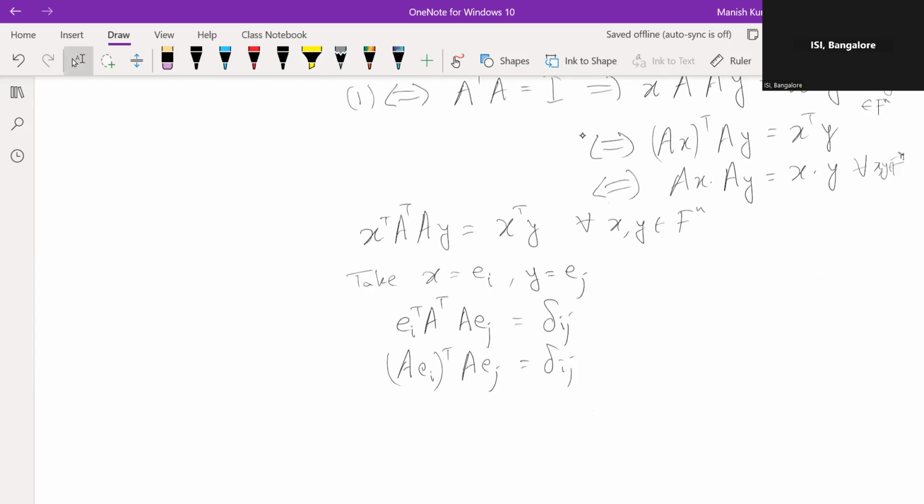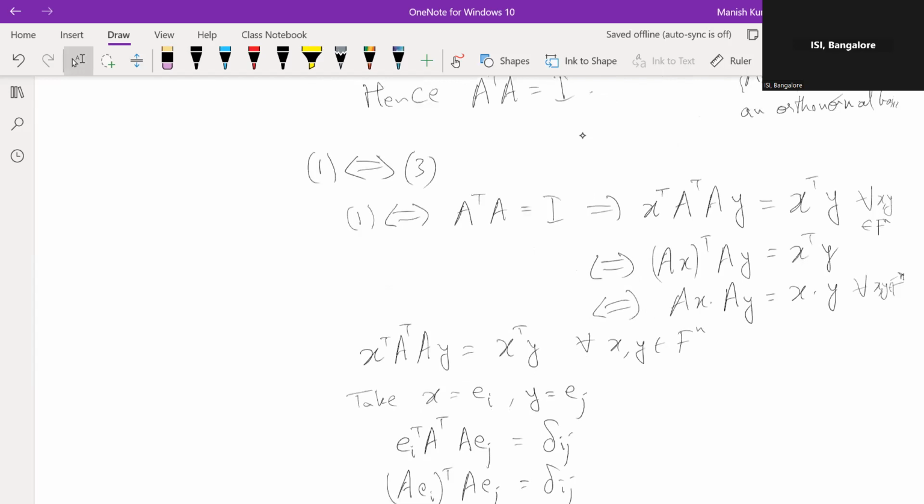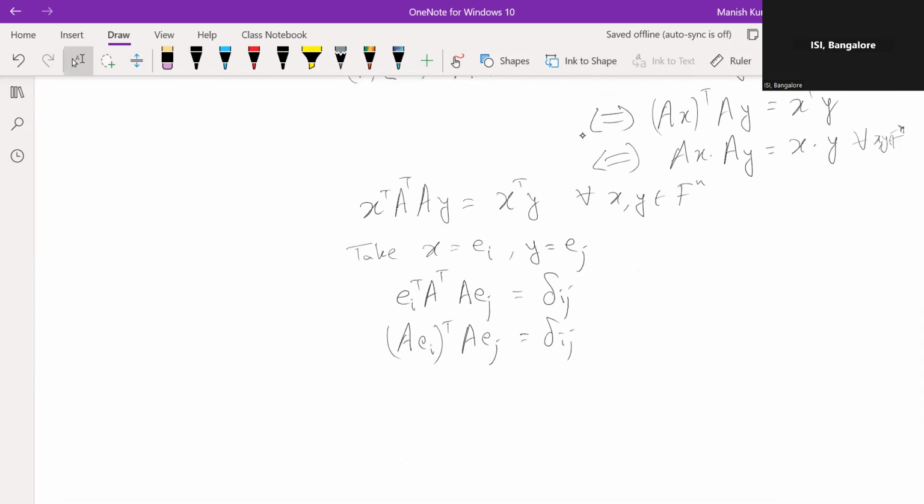A times ei is precisely the ith column of A, right? If you multiply A by the standard vector ei, then you'll get the ith column of A, and similarly the jth column.